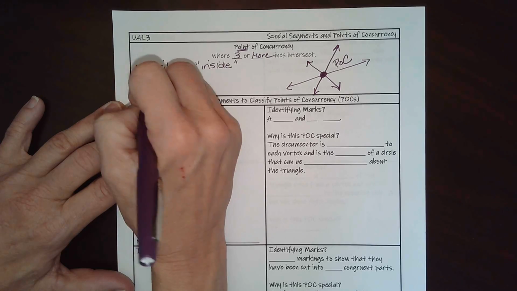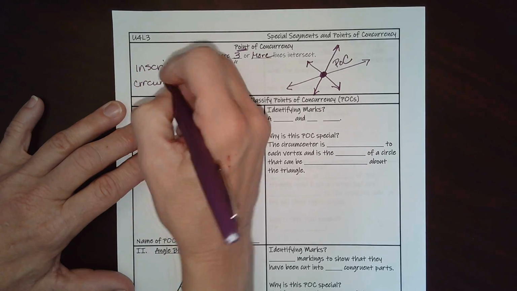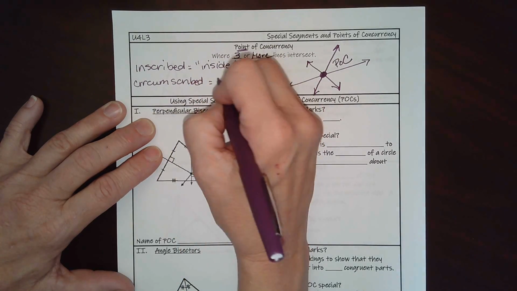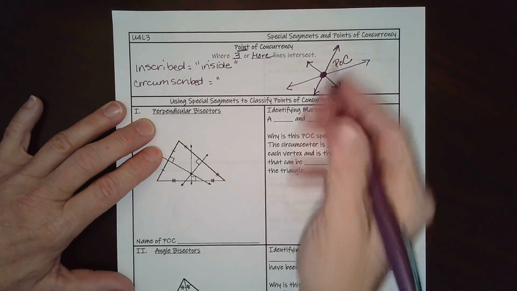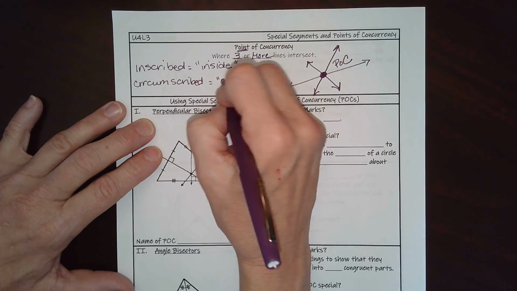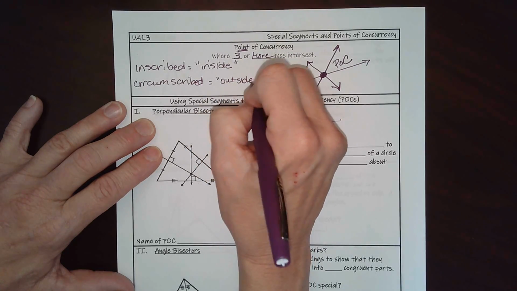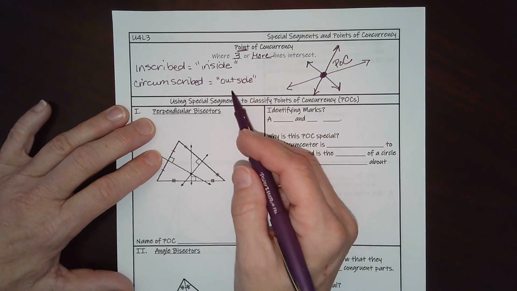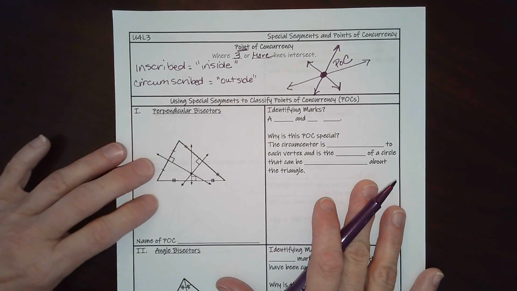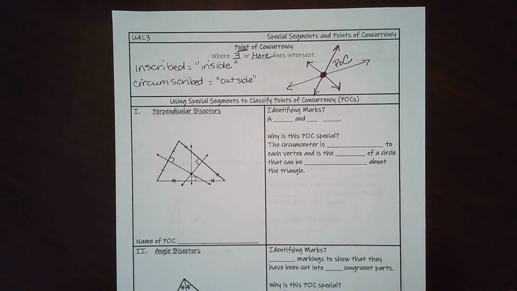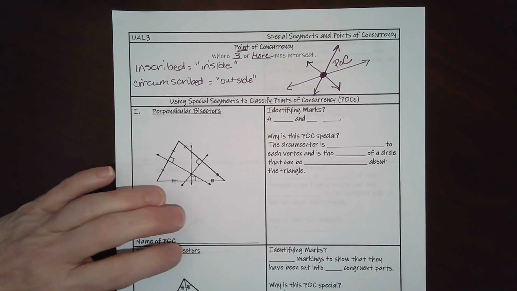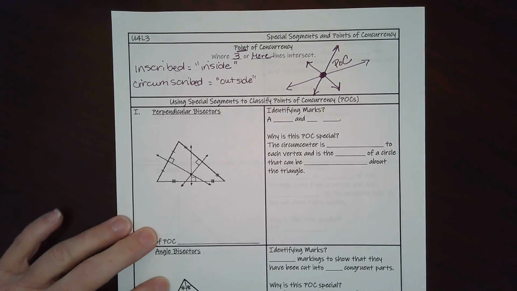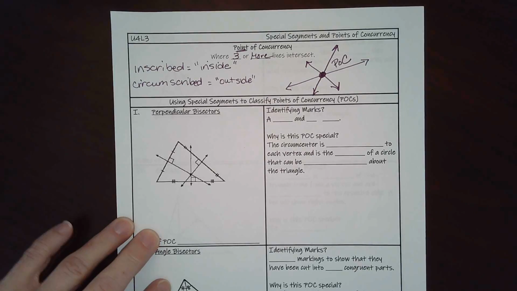And the other word is circumscribed. When you see the word circumscribed, you should think of the word outside. So when something is circumscribed, it means that it is outside of something else.